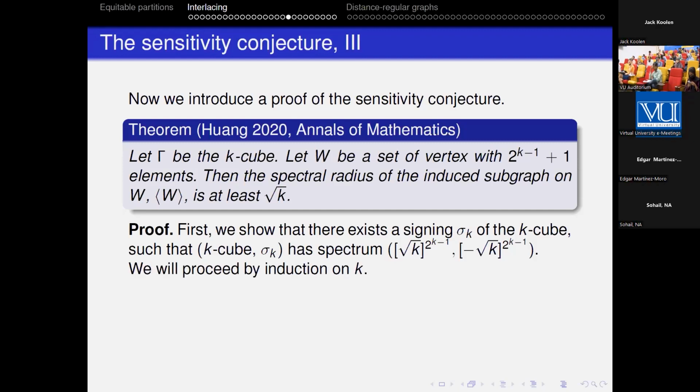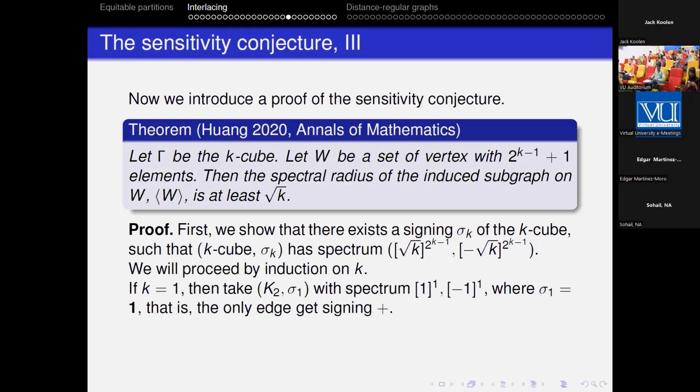We will proceed by induction on k. For k=2 we can take the 4-cycle. We don't even need signs. That always has spectrum 1 and -1.